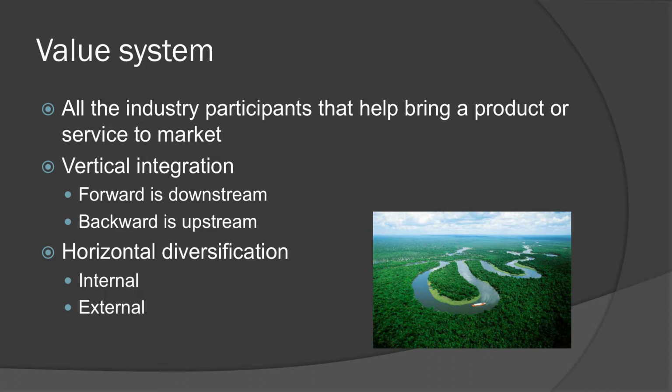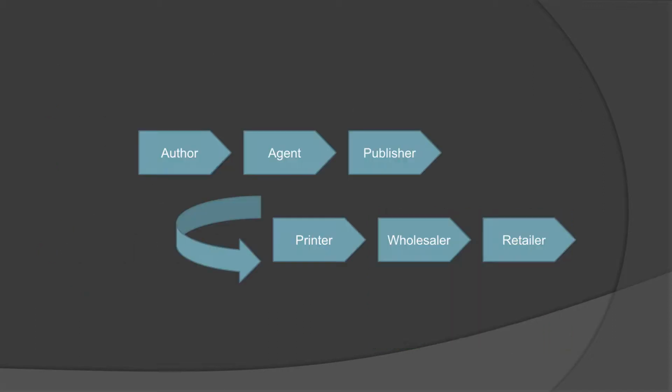I think the book does a really good job of covering kind of complex frameworks in a very concise manner. The only place where I would change something in the book that I've asked you to read is in the direction that the value system is drawn. So look at this. The book draws it in a horizontal manner.